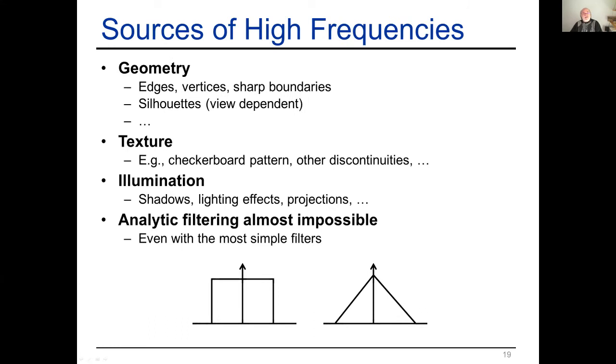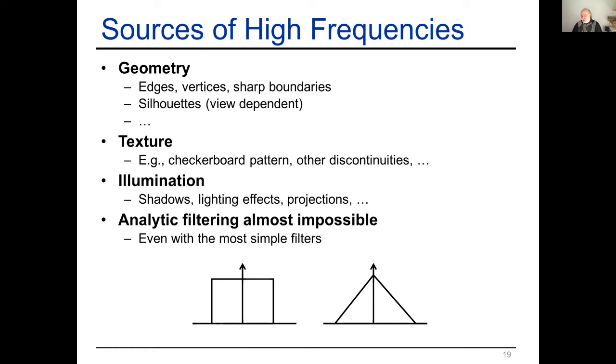So where do the high frequencies come from? Obviously edges, geometric edges. So you see your table, and at the edge of the table you see the floor or whatever is behind your table. And if the one is white, the other is black, this creates an absolutely sharp edge there, and there's nothing we can do. One sample is black, and a sample just a tiny bit away from that will have a completely different color.